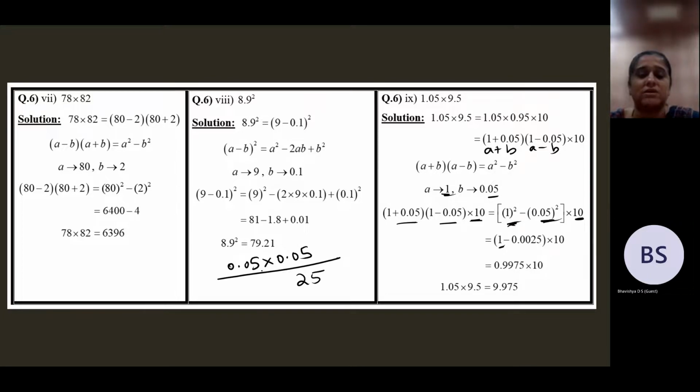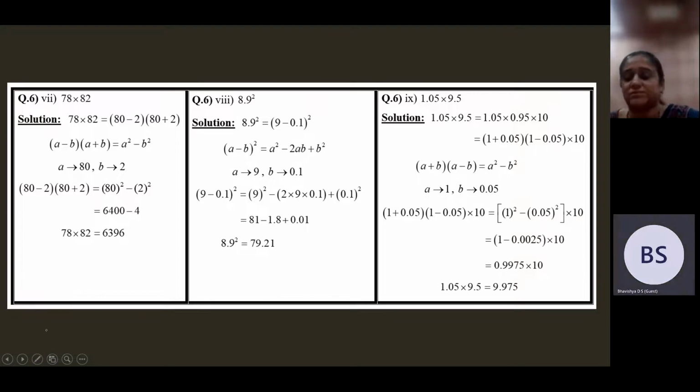Now after the decimal point there should be 4 digits, so 0.0025. Now when you subtract these two numbers, you get 0.9975 into 10. And when you multiply by 10, you will get 9.975.